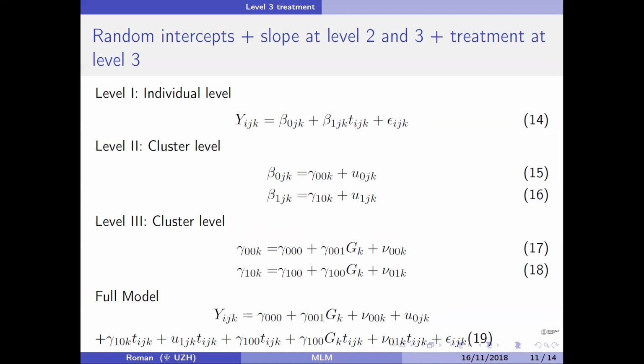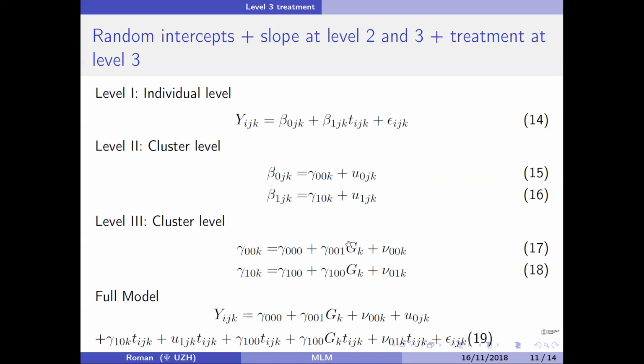If it didn't, it's a 0. And so what we're doing is we're explaining the individual differences here, gamma 10k, which explains the slope down here at level 1 of the individual time differences.